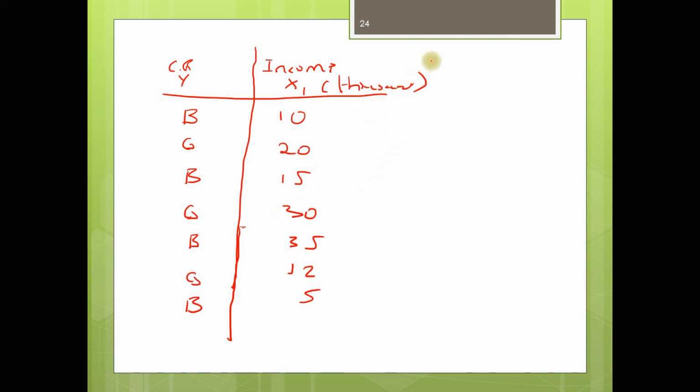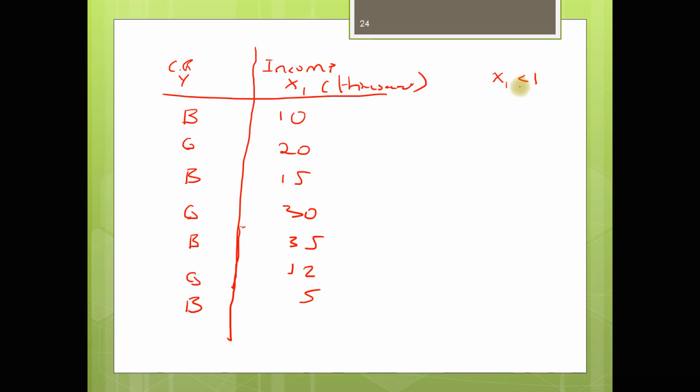So what is happening here? You have your actual values in your data set. You have 7 individuals, I suppose, and then you have your different incomes. Now, let's suppose I build a decision tree starting with the variable income is less than 10.